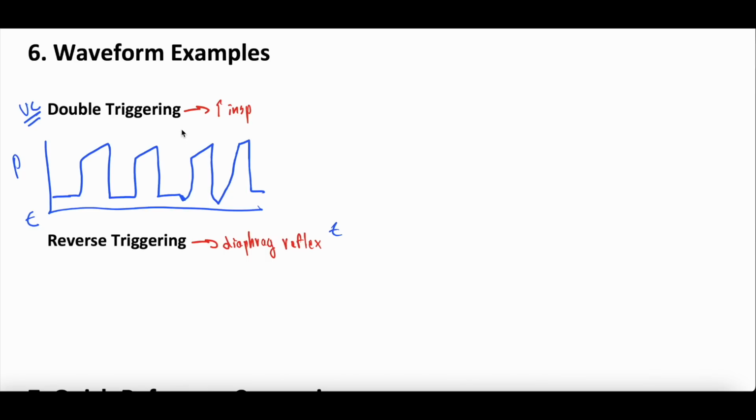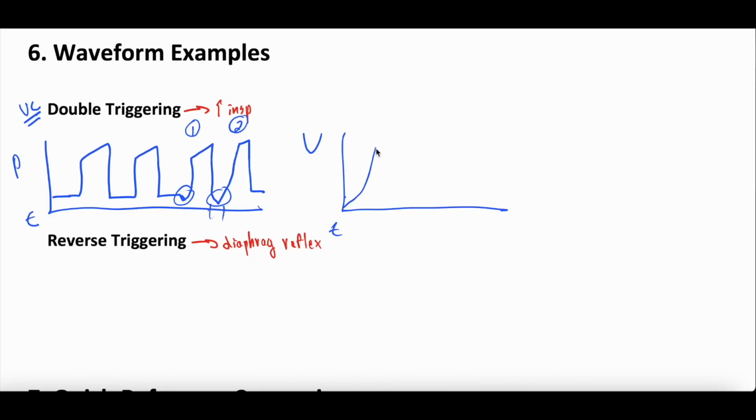Okay? So see that these are two immediate breaths, breath one and breath two. And there's very little exhalatory time here. And you get these negative deflections, which are where the patient is giving continued inspiratory effort that then prompts that second breath.